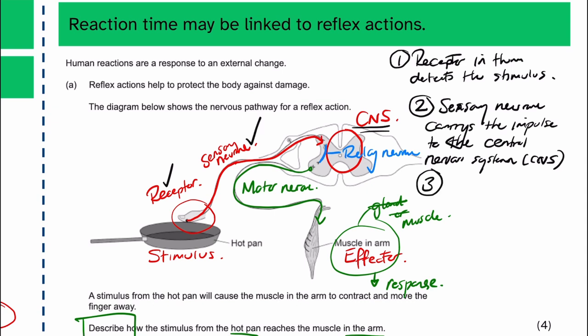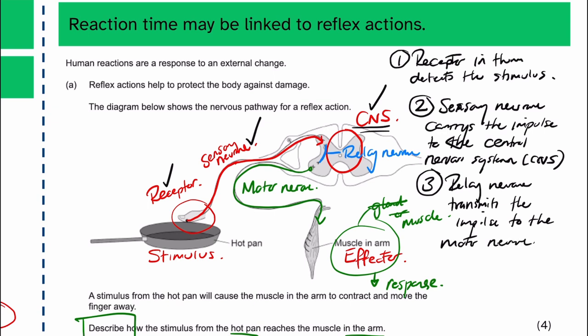So we've talked about the sensory neuron. We've talked about the central nervous system. You would then say the relay neuron transmits the impulse to the motor neuron. Okay, so we've talked about the relay neuron.